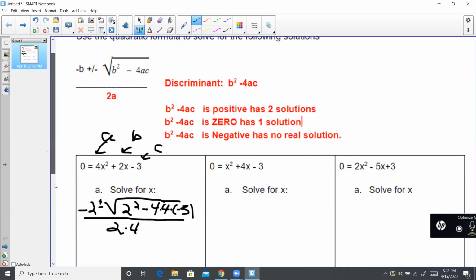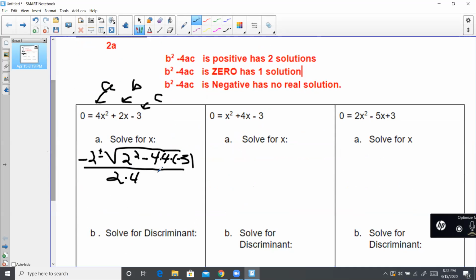So you're going to solve this and get your x's for that.